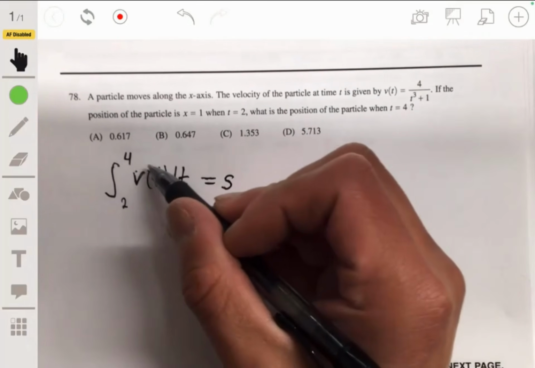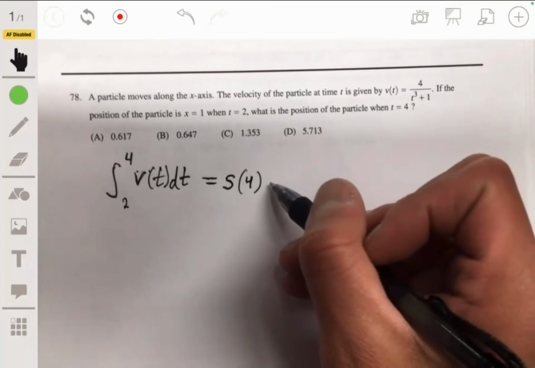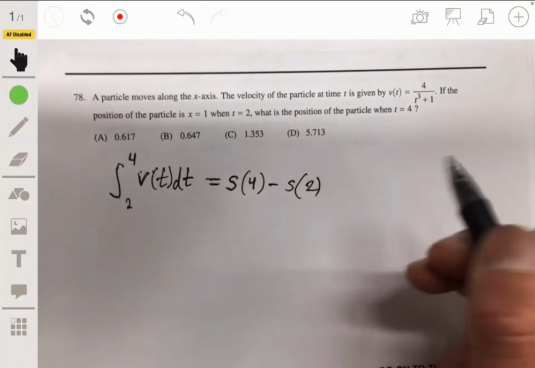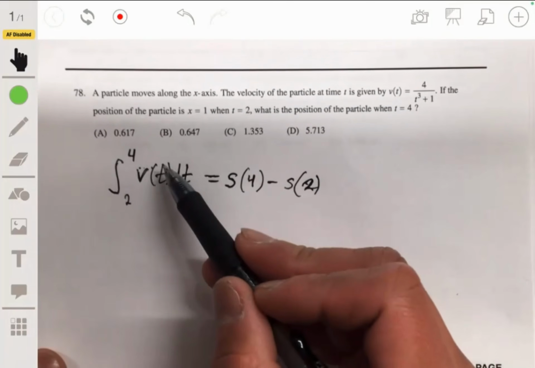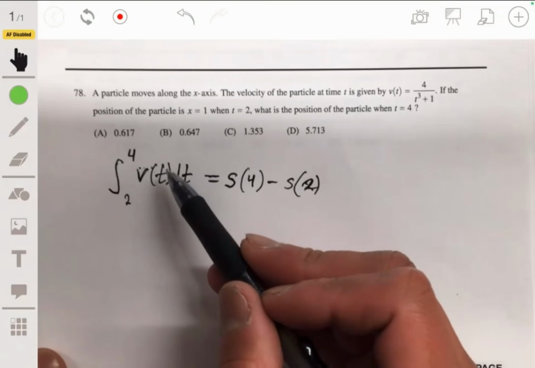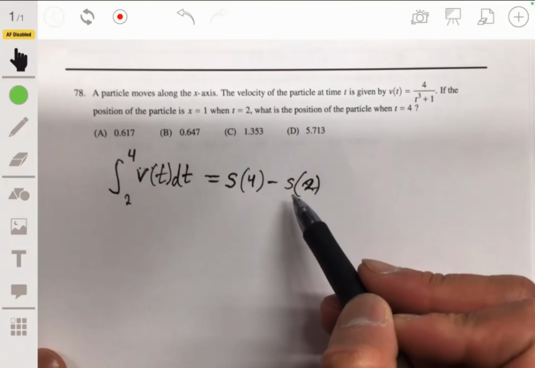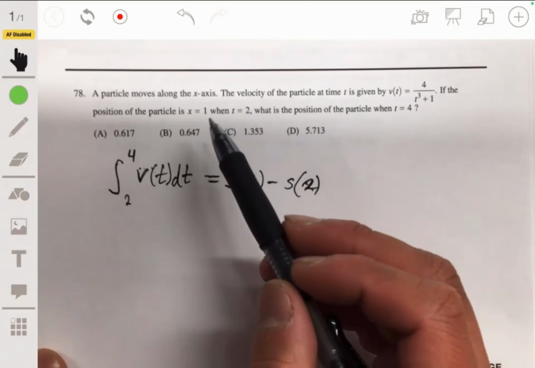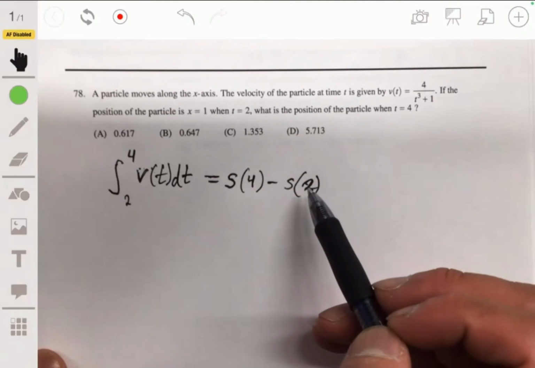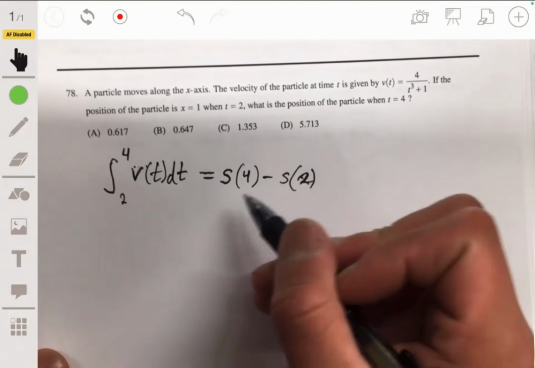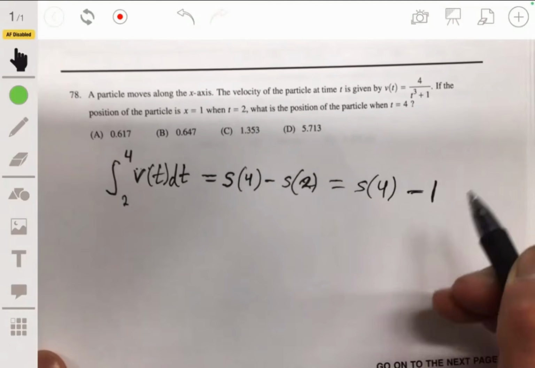So when you integrate this, you're finding the antiderivative. So you're taking s of 4 minus s of 2. When we integrate this in our calculator, we're going to get some number. Then that number is going to be equal to s of 4 minus s of 2. And we're given that the position at 2 seconds, s of 2, is 1. So this is equal to s of 4 minus 1.